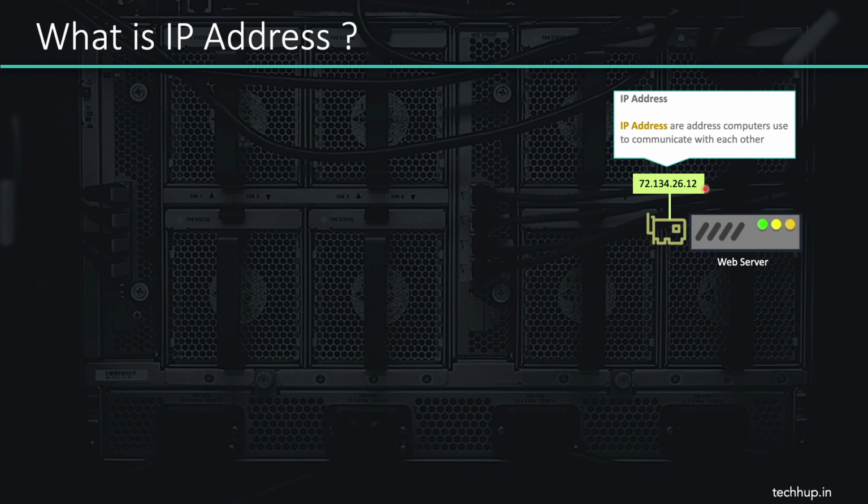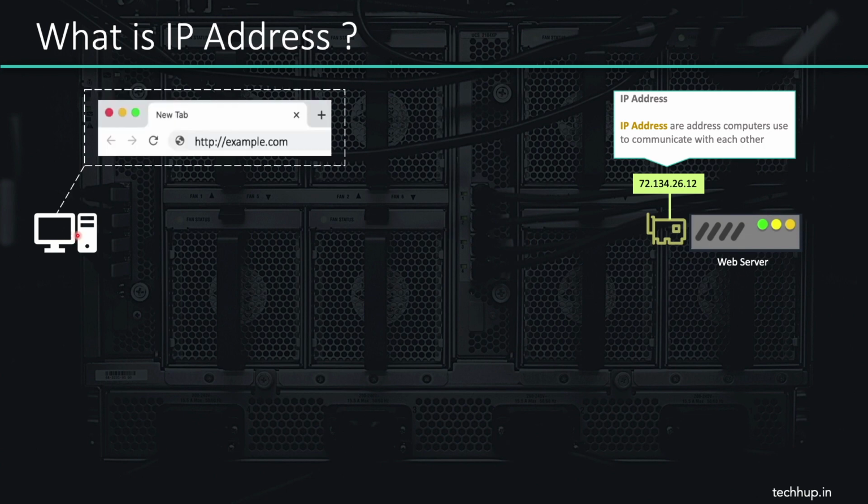So you have got your computer at home and you have a web browser open and you type in example.com. Now, what happens is that as soon as you type in example.com, your computer needs to contact a nearest DNS server to fetch the corresponding IP address of the web server where this request is to be routed to.